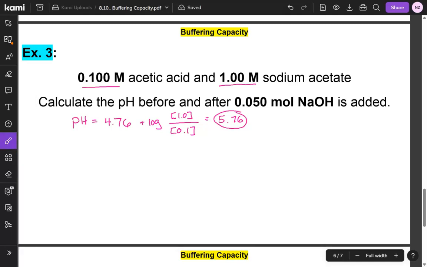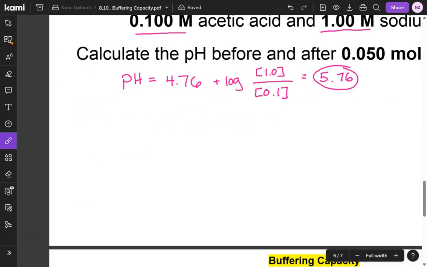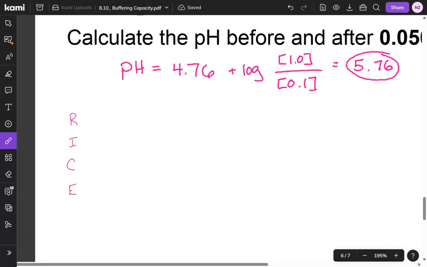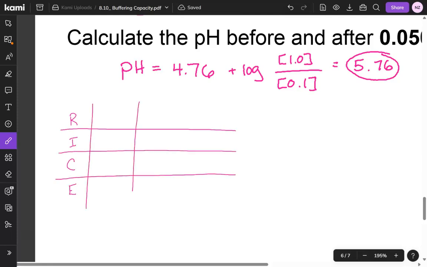Okay, so let's do our rice table. We're adding the same amount of NaOH as we have been. So let's make our rice table. Okay, so we had 0.1 molar acid.